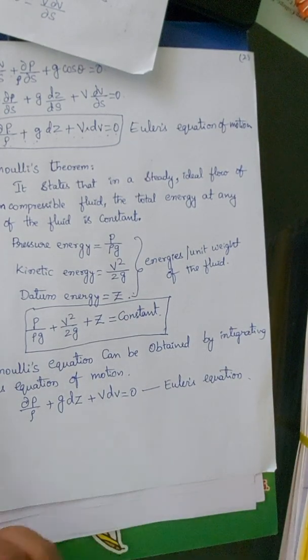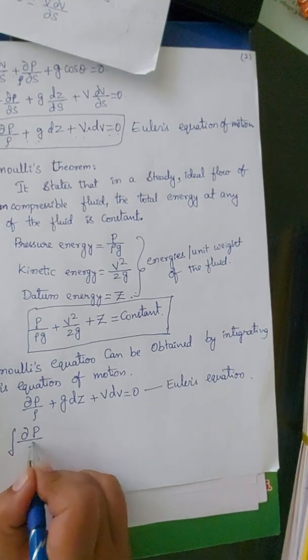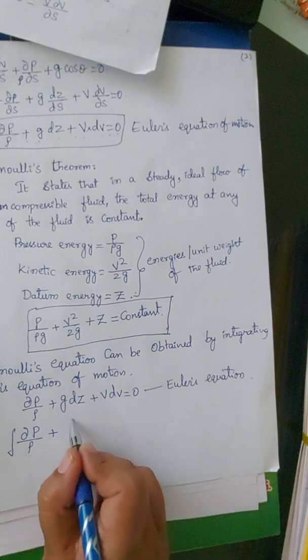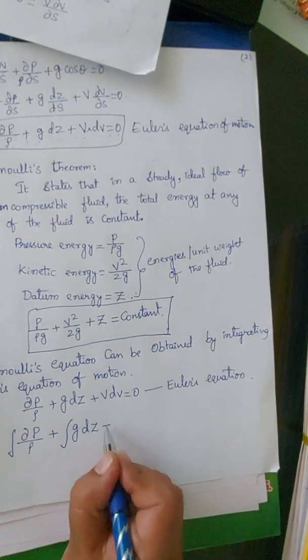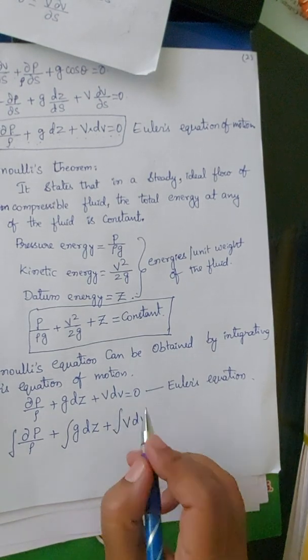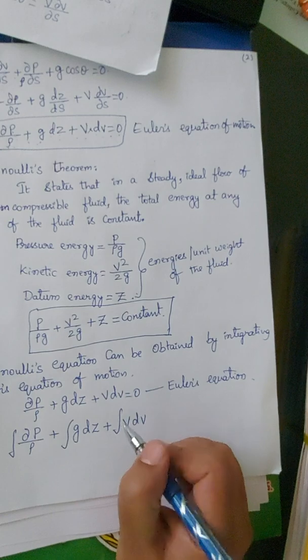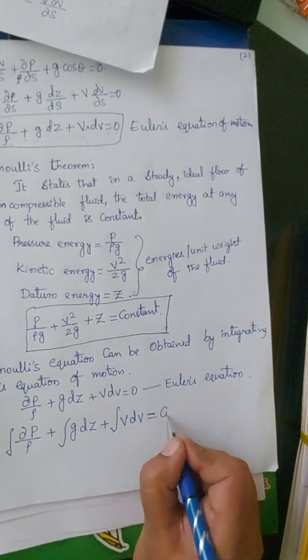Integrate this. That is, integral of dP divided by rho plus integral of g dz plus integral of V dV is equal to constant.